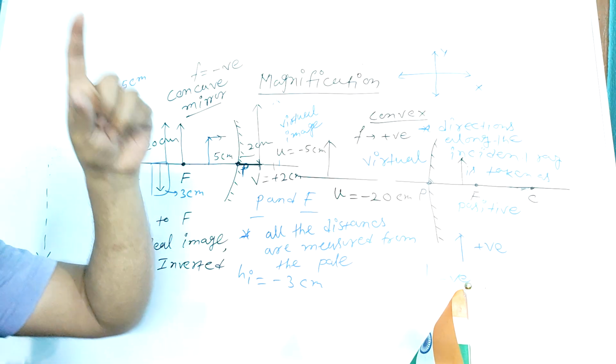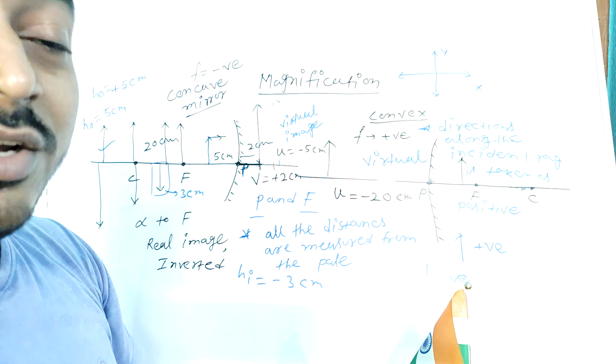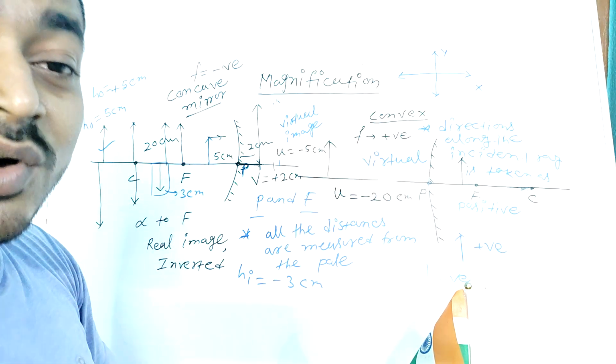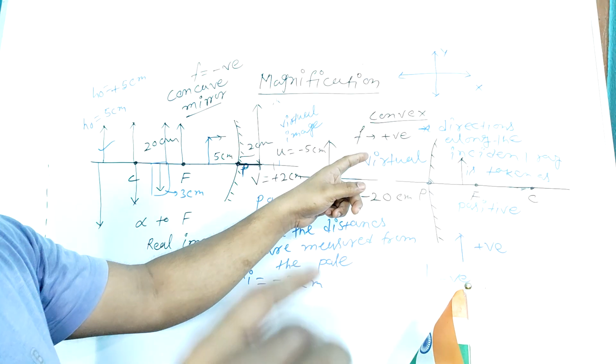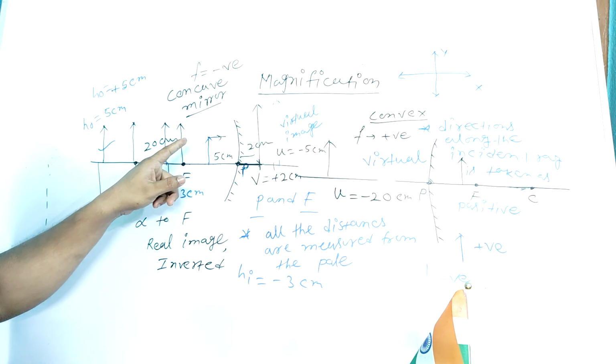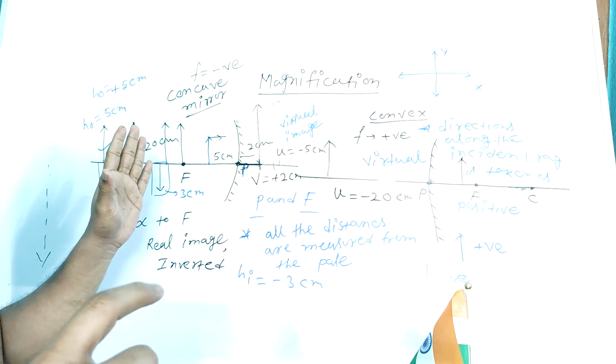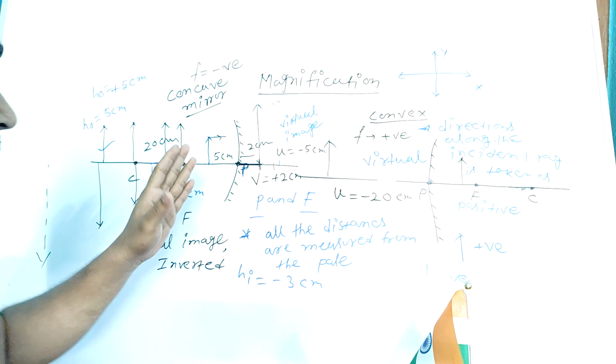So remember, for a convex mirror, focal length is always positive, image distance is always positive, and object distance is negative. For a concave mirror, it depends on the position of the object.